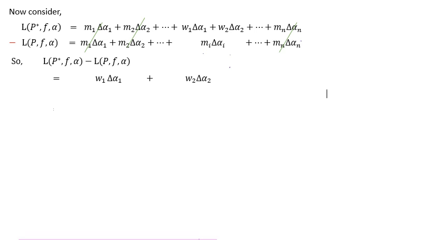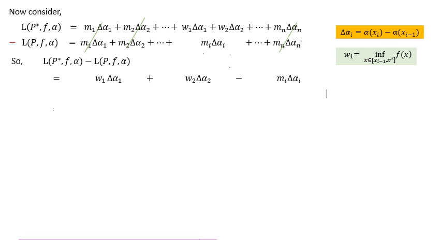The difference is w sub 1 delta alpha 1 plus w sub 2 delta alpha 2 minus m sub i delta alpha i. Now, from the definition, and because this was a monotonically increasing function, we know that delta alpha i is alpha of x sub i minus alpha of x sub i minus 1.